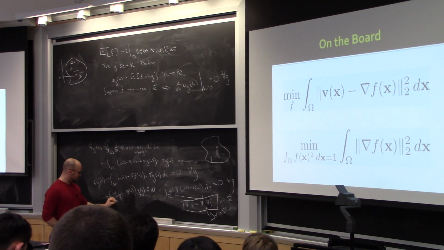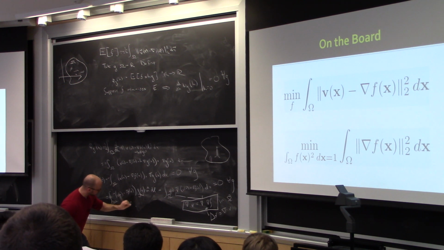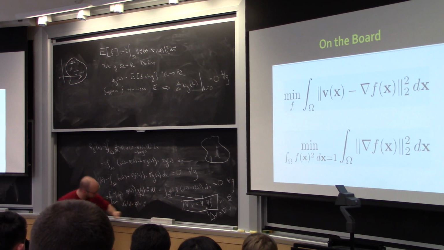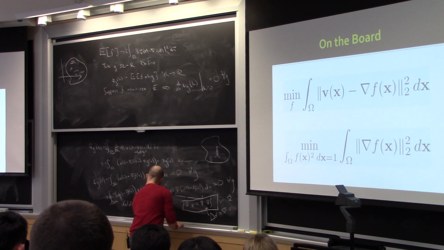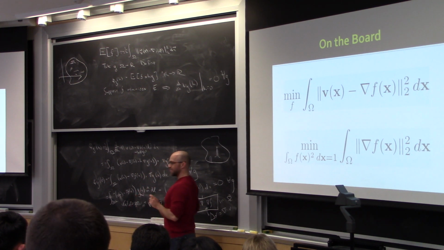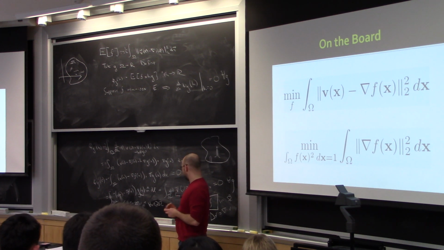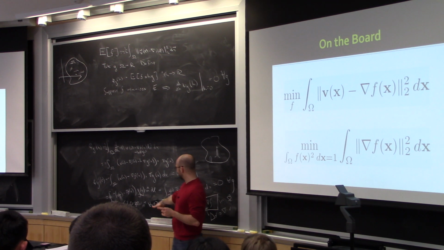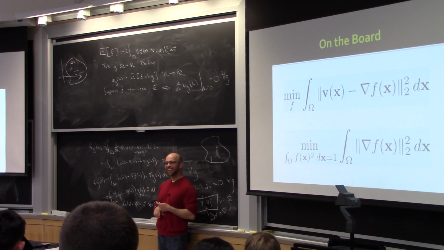Well, I can read off that v of x dot product with the normal to the boundary is equal to the gradient of f at x dot the normal, oh man, this is ugly, I'm sorry, for all x in the boundary of my domain. And this is a very typical pair of equations to come out of a proof like this. I'm so sorry, my handwriting is hard to read because this is really low. Essentially, it's saying this thing equals 0 on the boundary.